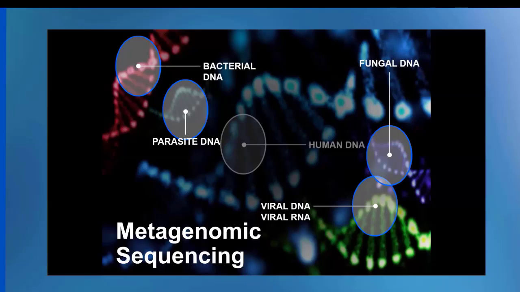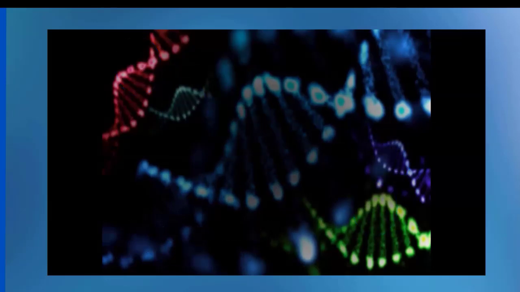And the reason why we need to sequence the RNA is because there are some viruses that are RNA viruses, and we'll miss those if we're just looking at DNA sequencing. So by taking this really broad approach, then we can look for bacteria, we can look for parasites, look for fungi, and then we can look for viruses, both DNA viruses as well as RNA viruses, in whatever specimen we're looking at. And for today's presentation, we're talking about cerebrospinal fluid.